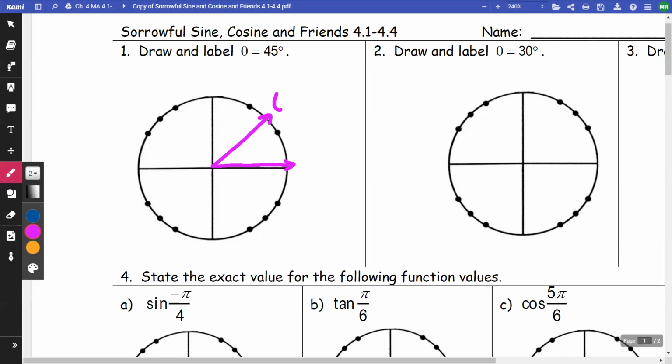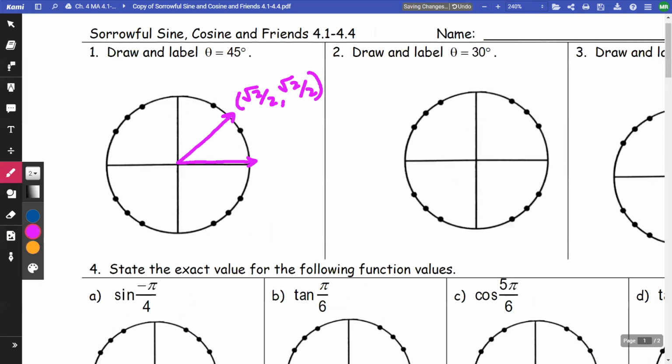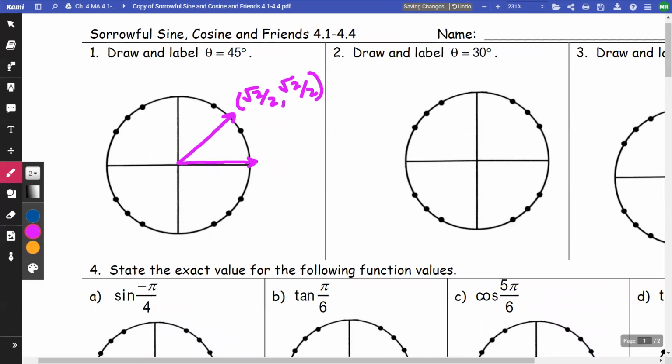Now the coordinates of this point are going to be √2 halves, comma, √2 halves. For number 2, theta being 30 degrees, that's going to be going through here.